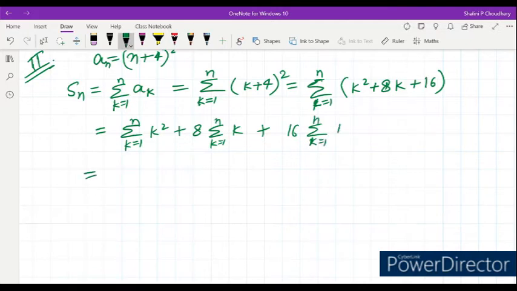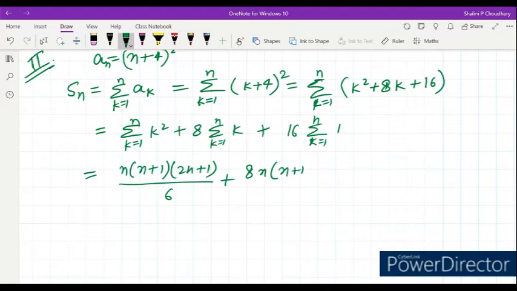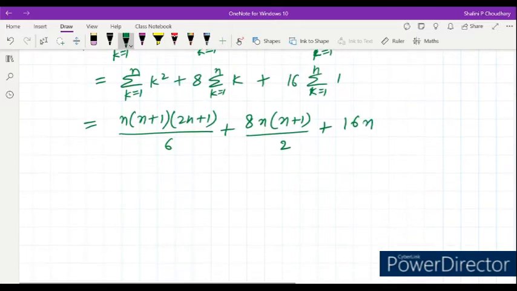So this will be n into n plus 1 into 2n plus 1 upon 6, plus 8 multiplied by n into n plus 1 divided by 2, plus 16n. So this will be the value. Now how will we solve this?